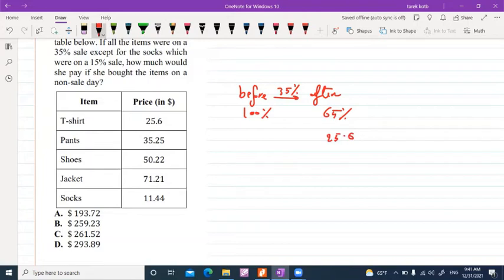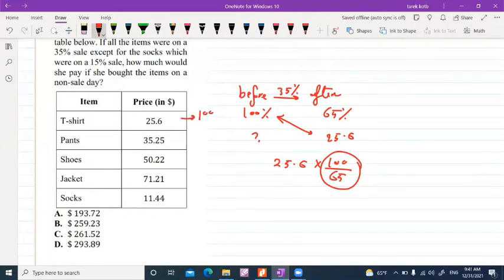So you cross multiply, means you multiply 100 times 25.6 divided by 65. Means it will be like this: 25.6 times 100 divided by 65. And you will do it with all items. Means you multiply this by 100 over 65, and this also, and so on. Except this.